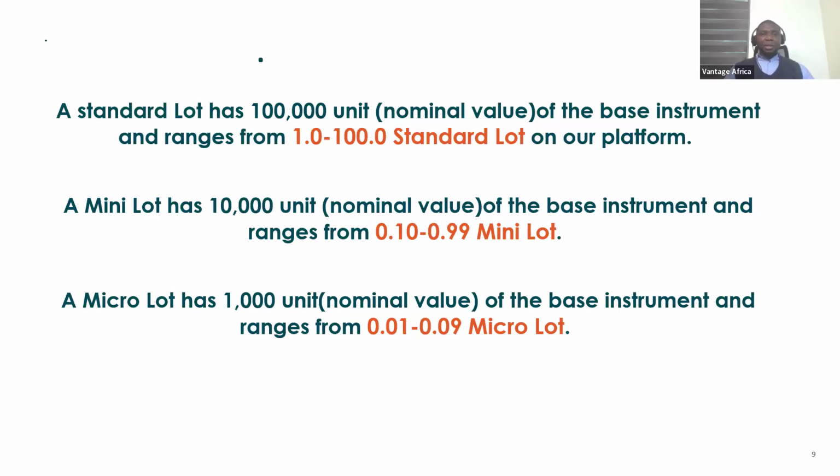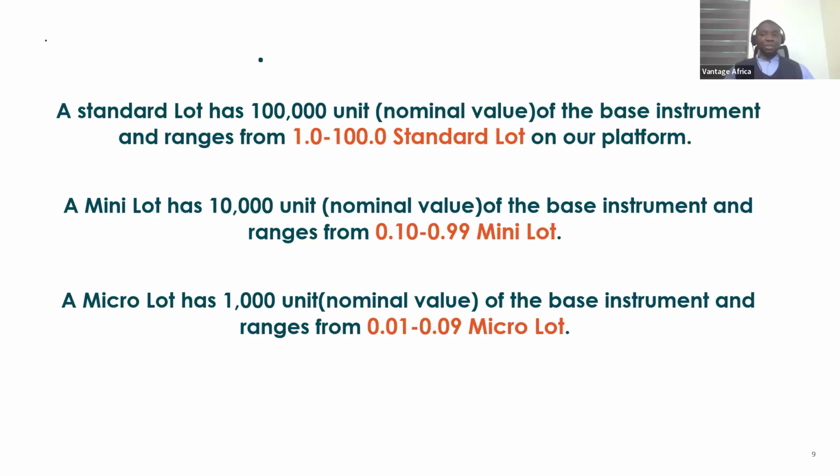A mini lot has 10,000 units of base currency. That's why we say base currency, and why I said it depends on the currency you're trading. If you are trading USD JPY, you know it's dollars. If you're trading Euro USD, it's euros.